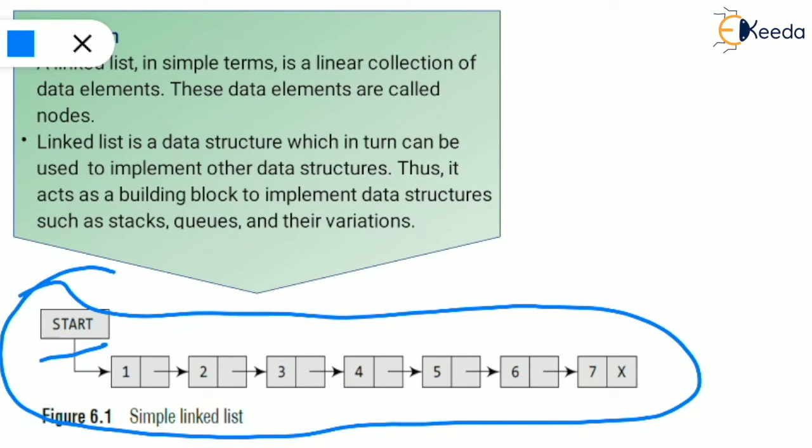So here, for understanding, I am writing 1. Now 1 stores the address of the second node. It is pointing. The second knows the address of the third. In a similar manner, they are storing the address and pointing to each other.